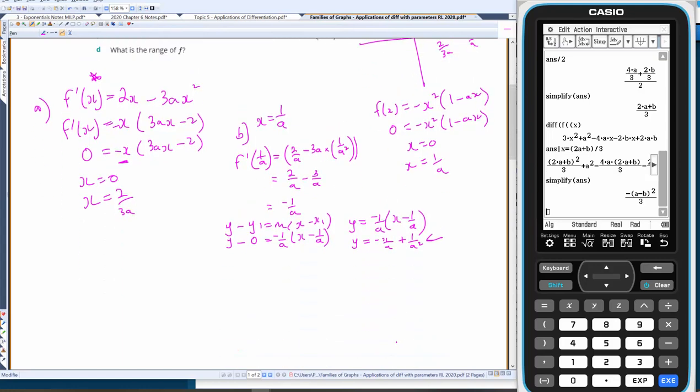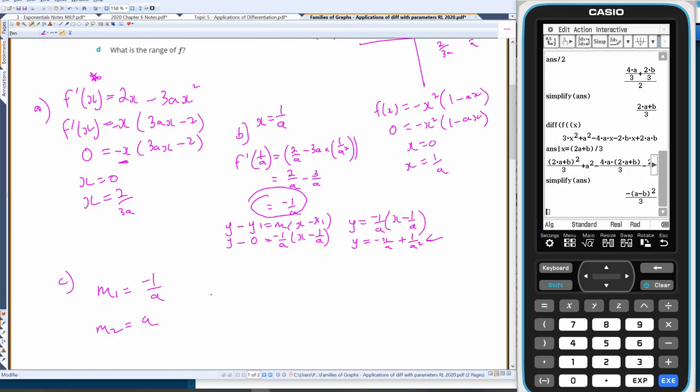Normal is going to be very similar. We know that the gradient of the tangent at that point is negative 1 on A. So if M1 has a gradient of negative 1 on A, M2 will be the negative reciprocal of that, which will be that flipped and negated.